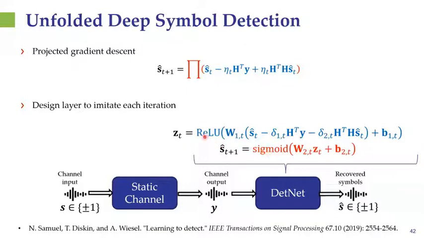But instead of applying it just to this output, we're also adding another linear layer here in the middle. So we can look at it as if each one of those pairs is one iteration. It consists of two layers of a neural network. One, the layer here in blue, is supposed to imitate the gradient descent step, and the layer here in red is supposed to learn to carry out the projection step.